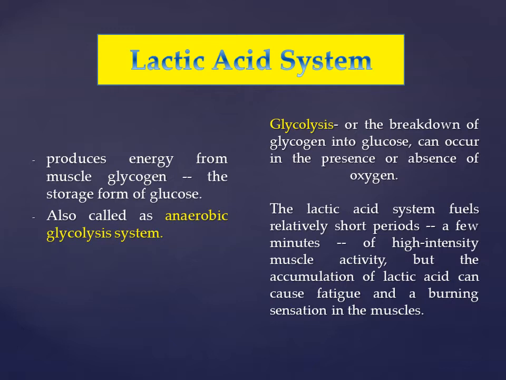Glycolysis, or the breakdown of glycogen into glucose, can occur in the presence or absence of oxygen. Meaning, when inadequate oxygen is available, the series of reactions that transforms glucose into ATP causes lactic acid to be produced in efforts to make more ATP.